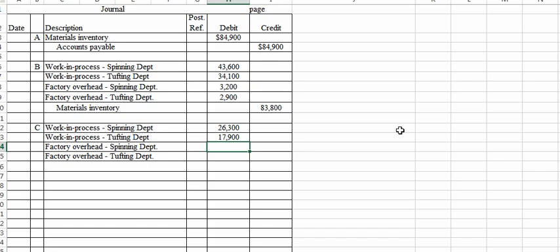So we're going to debit factory overhead spinning department $12,100. And our indirect labor in the tufting department goes to the factory overhead tufting department account, $11,700. Okay, and then for total labor, we'll credit wages payable.